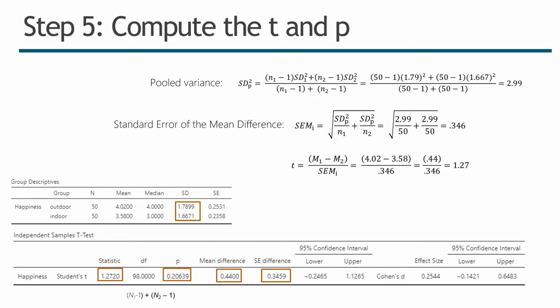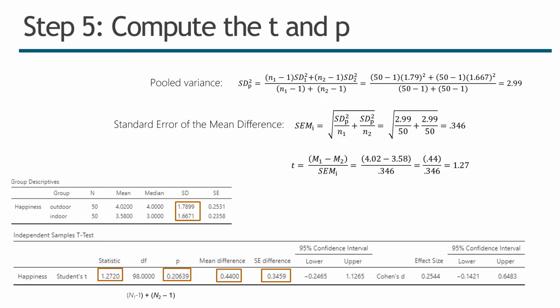Next, we have the standard error of the mean difference, which is the pooled variance divided by n, plus the pooled variance divided by the second n, and you take the square root of all of that, which gives you the 0.346. Now you'll notice that the 0.346 is in the output that we have listed here. It is the standard error of the mean difference listed on the output, but the pooled variance is not in the statistical output anywhere. If you need the pooled variance, you have to compute that by hand typically.